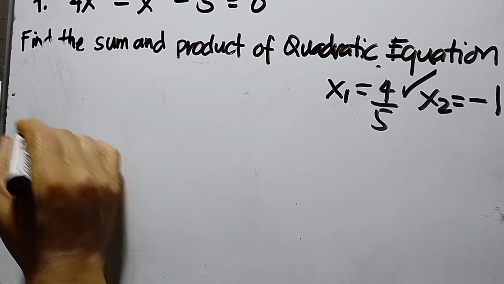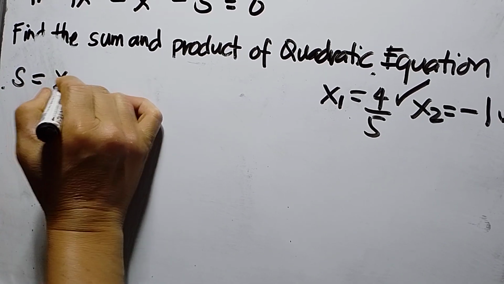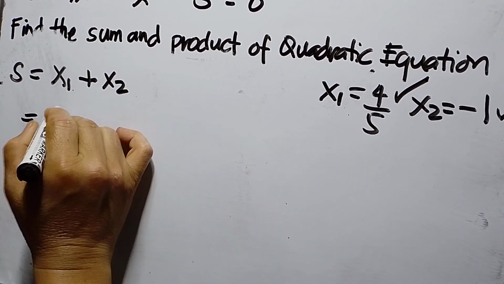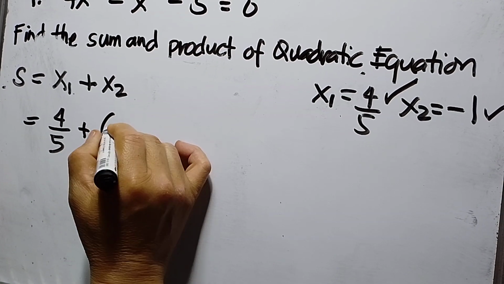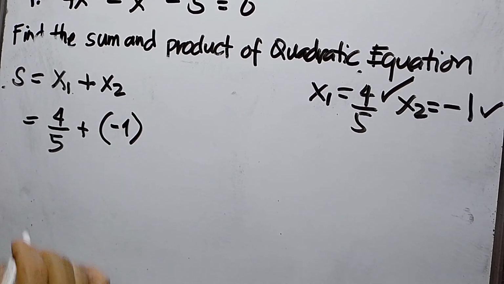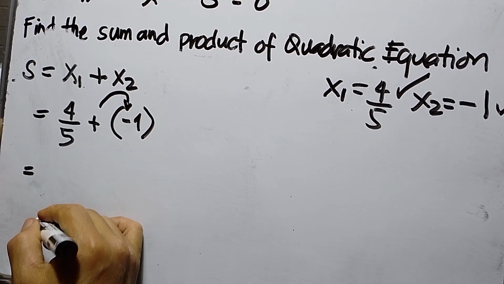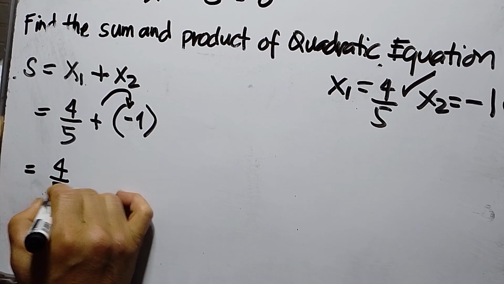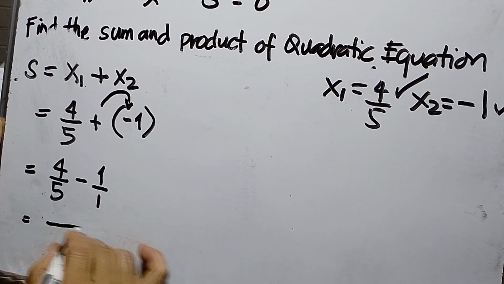the quadratic equation. So formula: S is equal to x sub 1 plus x sub 2. So x sub 1 is 4 over 5 plus negative 1. So I need to simplify this one. Positive times negative is negative. So this will be 4 over 5, negative 1. So I put 1 in here and then find the LCD between 5 and 1.